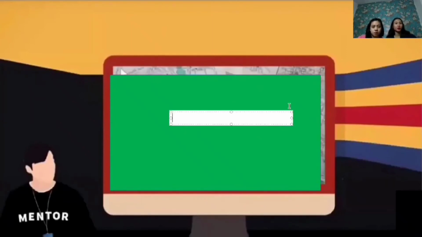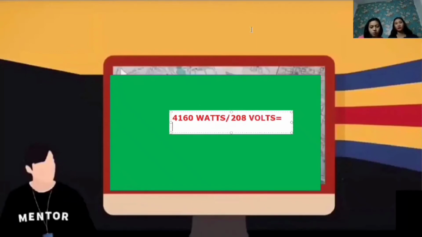For example, we have 4,160 watts and 208 volts. To get the ampere, you just divide it, and if you calculate it, you're going to have 20 amps. Simple, right?